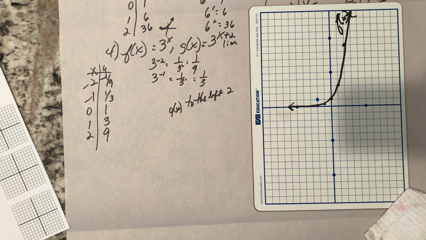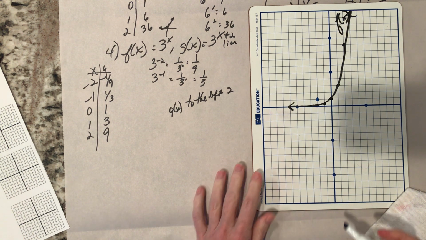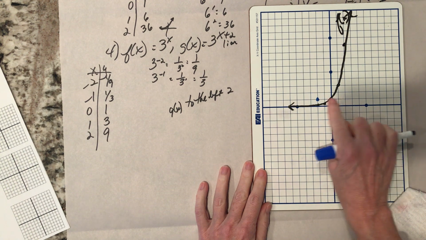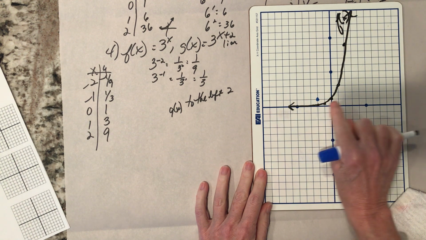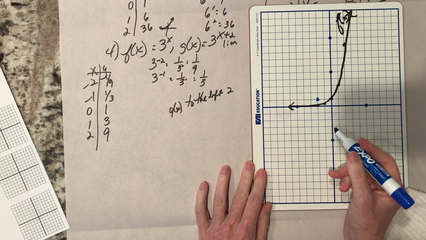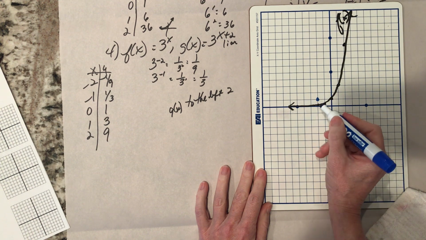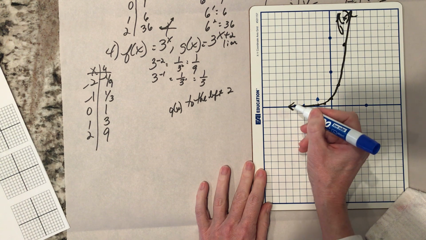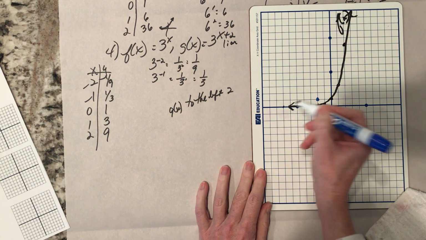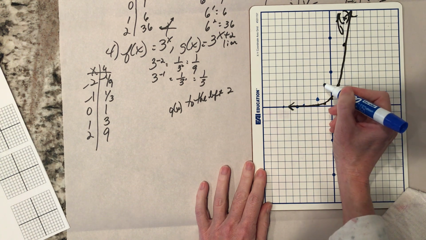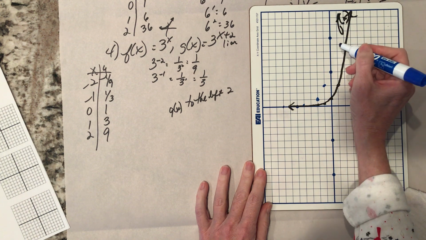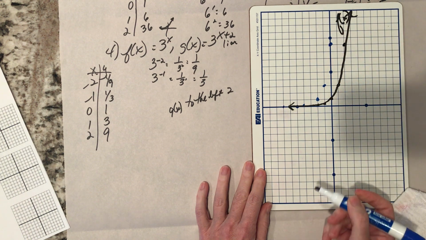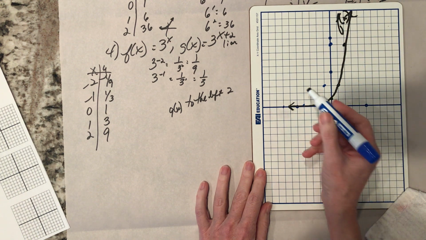That may be all you need, and certainly if you're matching on My Math Lab, you're just looking for the second function to be shifted to the left 2. If you're a little bit pickier about that, you're taking this 1/3 guy and moving him over, taking this guy and moving him over 2, taking this one and moving him over 2. That's the concept. That's what we're doing here.